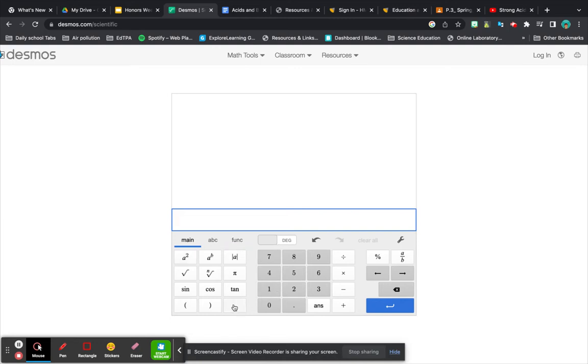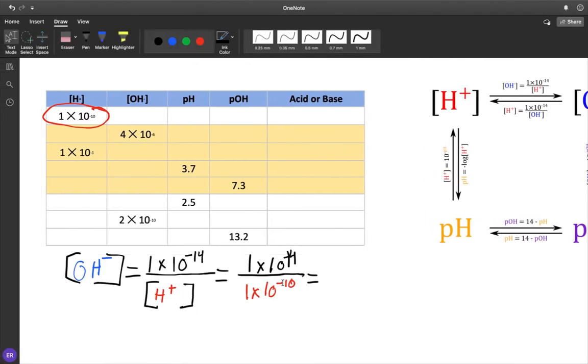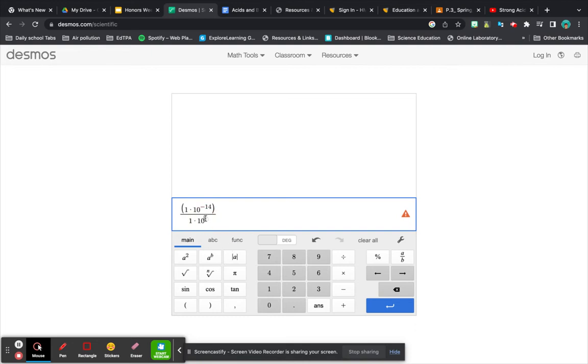Okay, so we have, let's put in parentheses, 1 times 10 to the negative 14, then close parentheses, divided by 1 times 10 to the, and let's double check our numbers, negative 10.